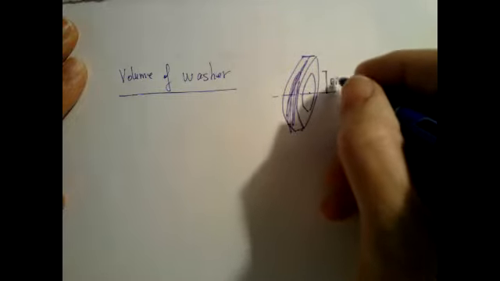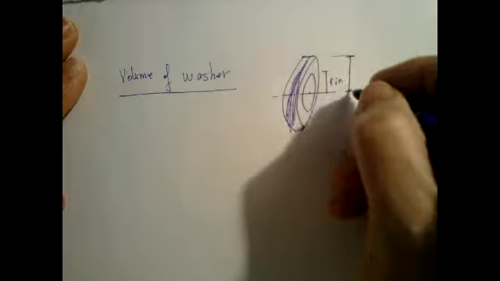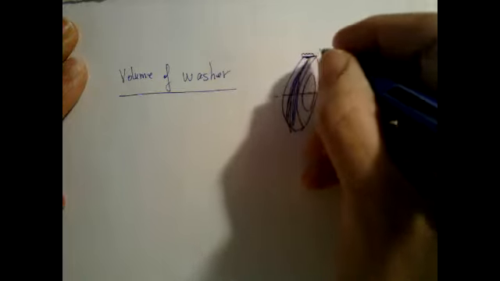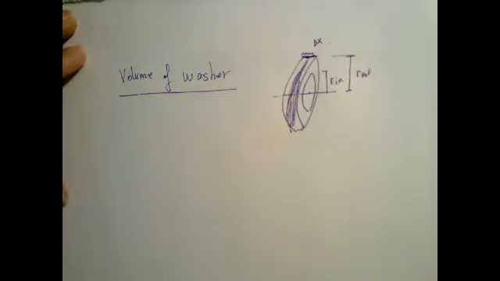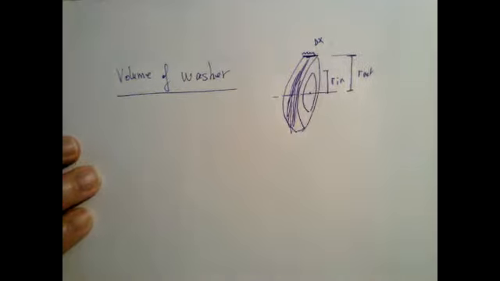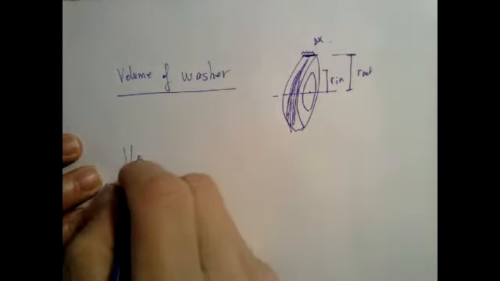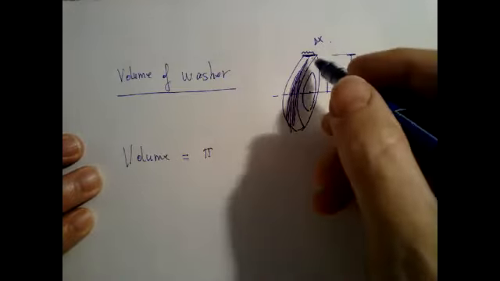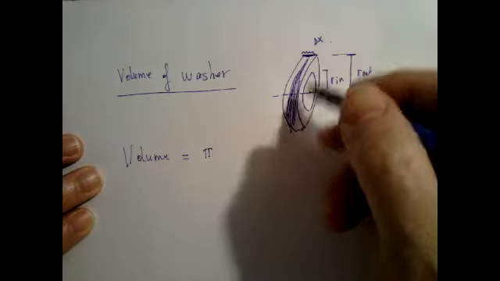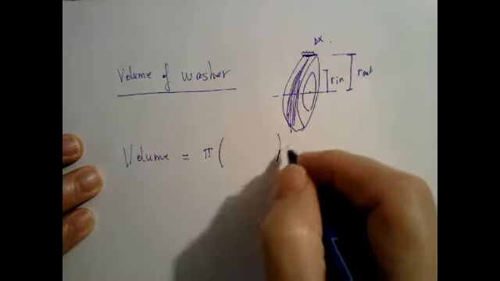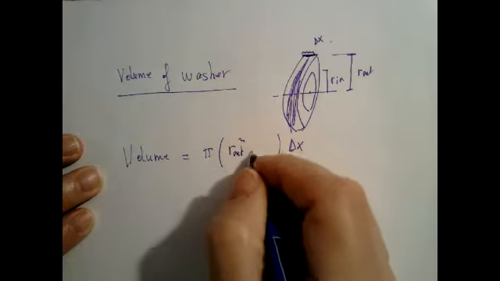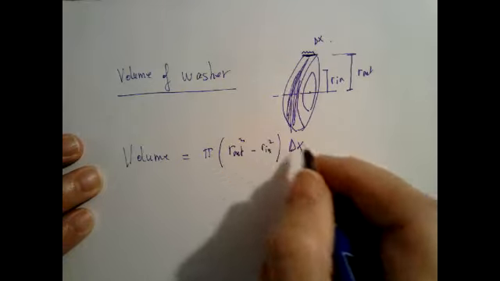That's the inner radius, and that's the outer radius. And that's the height or the thickness of it, which is usually my delta x or my delta y. The volume of the washer is pi times the volume of the big disk minus the volume of the little disk. If you work out the formula, it will be the outer square minus the inner square.